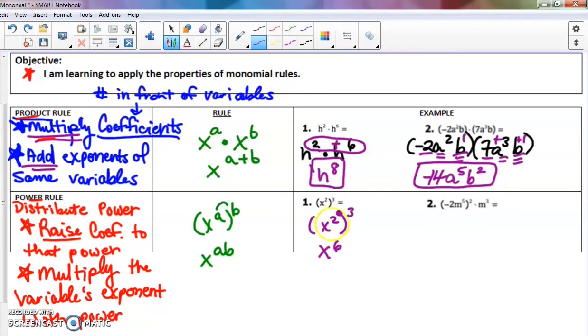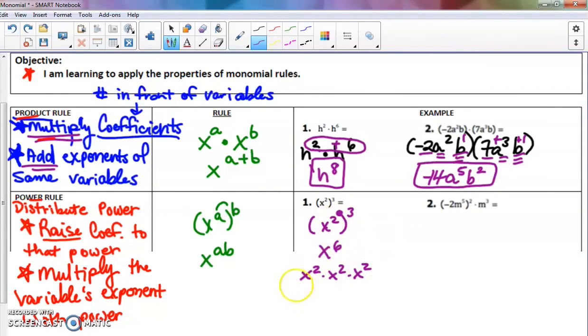Now one thing I like about this one is to show how it works. If you have x squared to the third power, that actually means x squared times x squared times x squared, because it's being multiplied by itself 3 times. And since we know the rule from before, we can add those exponents. 2 plus 2 plus 2 is 6. And then the really, really long way is to show all the x's you have.